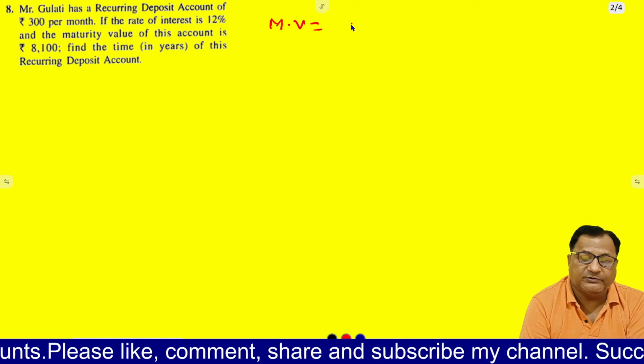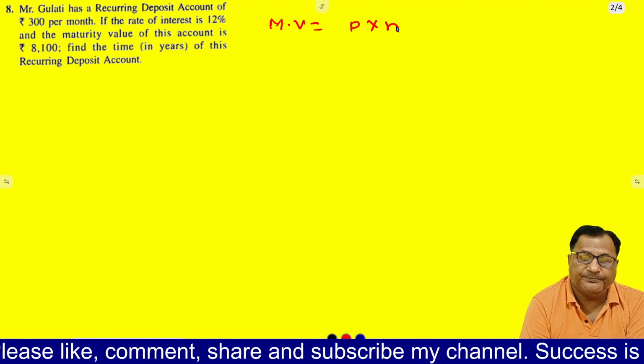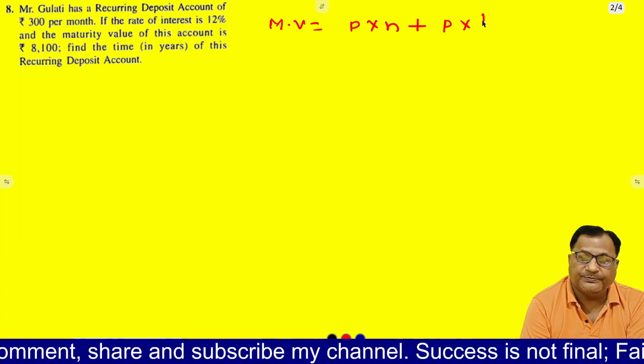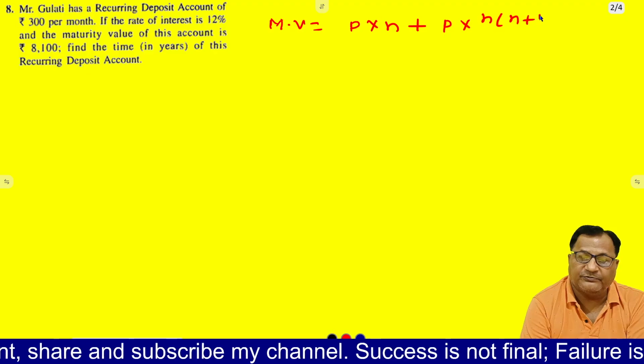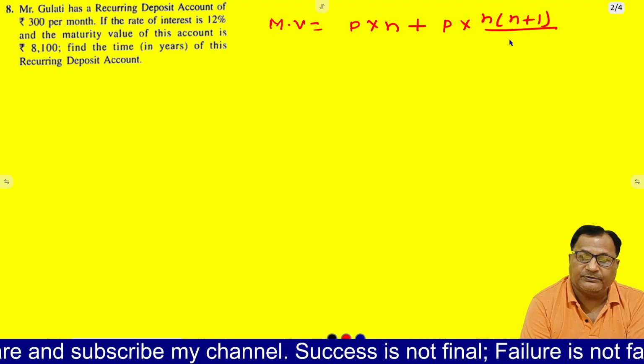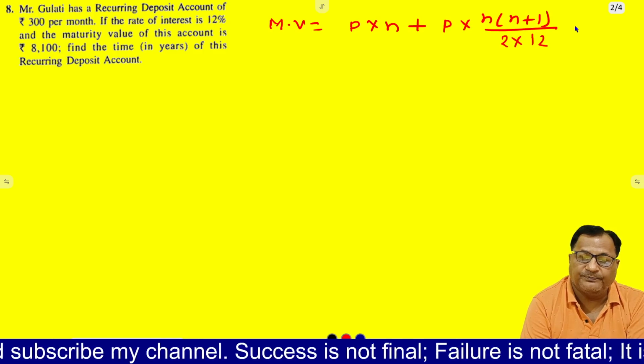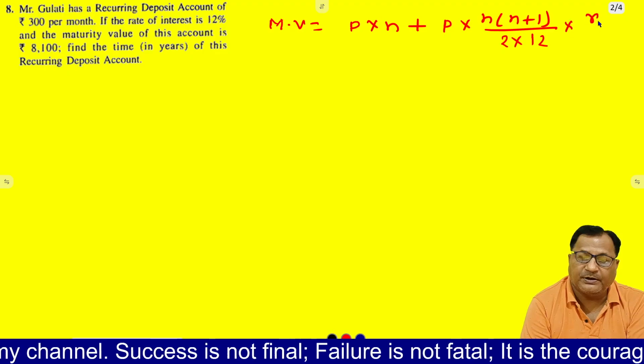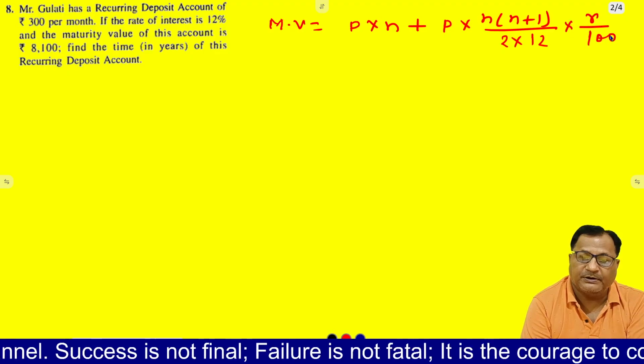Maturity value is equal to P into N plus P into N into N plus 1 by 2 into 12 into R by 100.